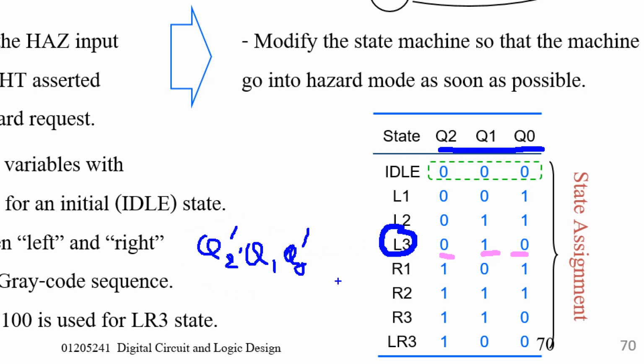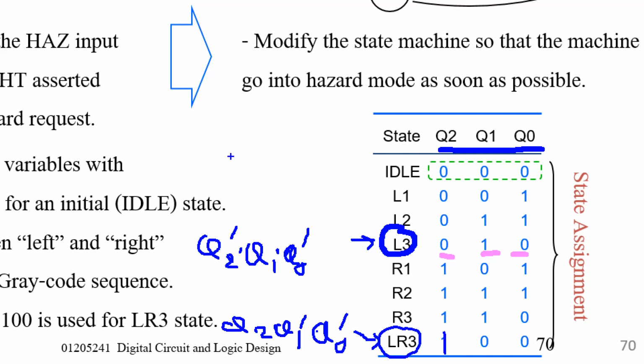If this condition becomes true, that means now the machine is in state L3. And if the condition 100 of Q2, Q1, Q0, that is Q2 and Q1 prime and Q0 prime, becomes true, that means now the machine is in state LR3.